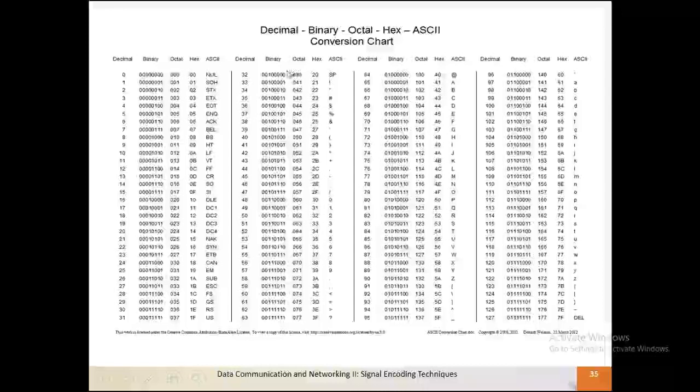So you have your 2 raised to the power 0, which is 1, 2, 4, 8, 16, 32, 64, 128.